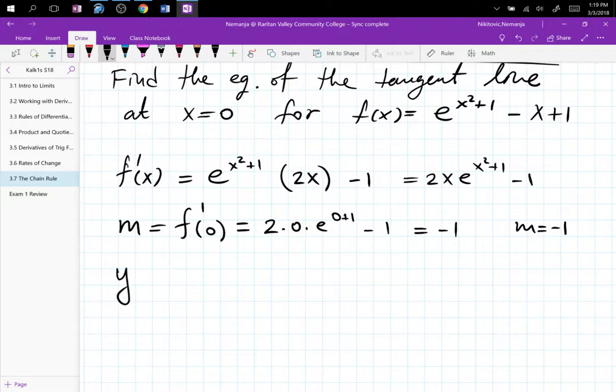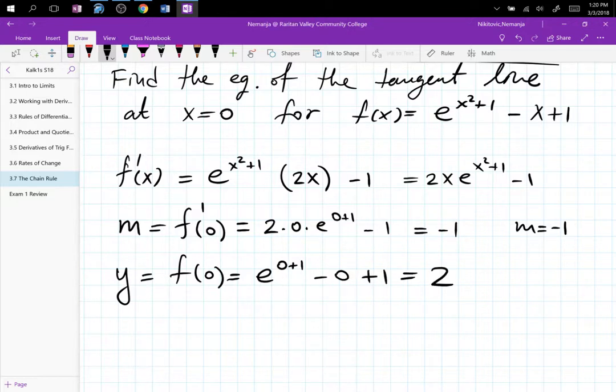We also need the y value for the function, which is f of 0, the original function, which is e to the 0 plus 1 minus 0 plus 1, and that's 2. Because, no, lies. That's e plus 1. There we go. E plus 1. Because this is e to the first power, so that's just e.